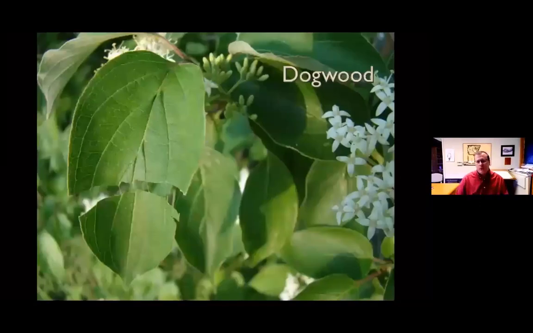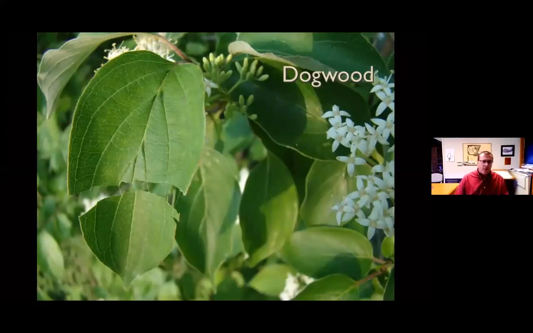So some shrubs that are good options for you within the landscape are dogwoods. Dogwoods all have this characteristic. You can see this leaf that's kind of pulled apart, these fibers that connect the veins together. All dogwoods have this characteristic.